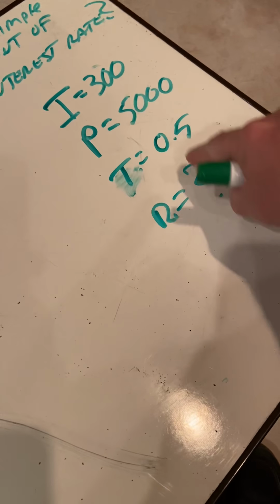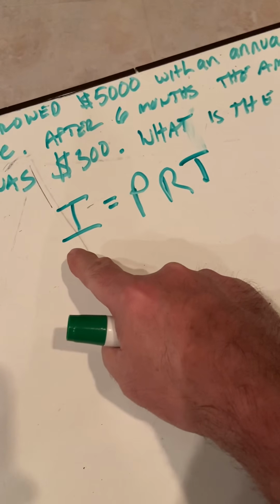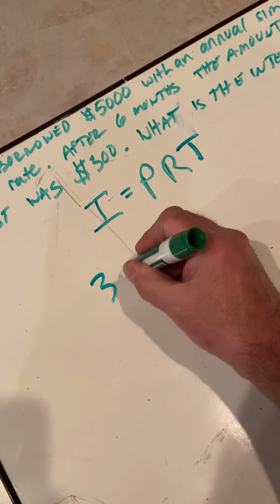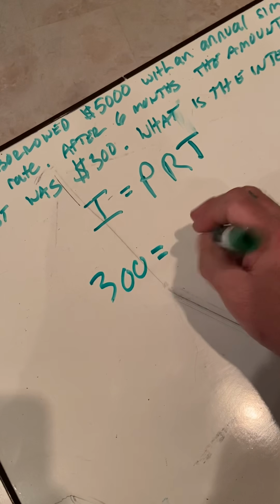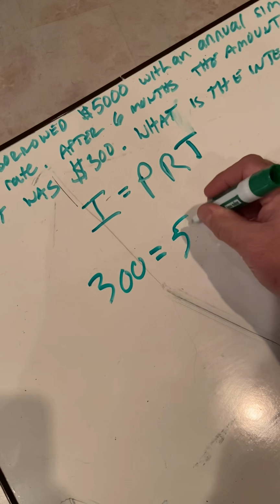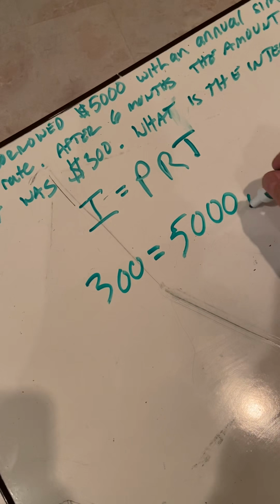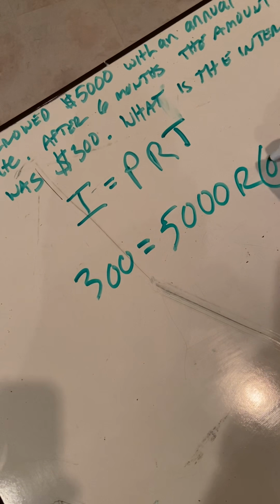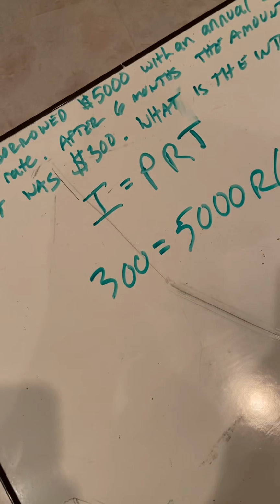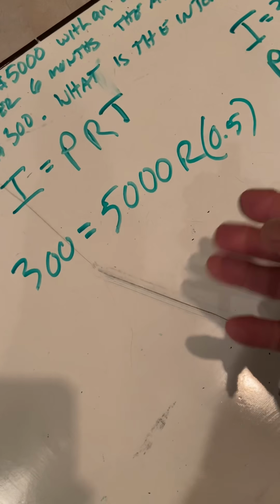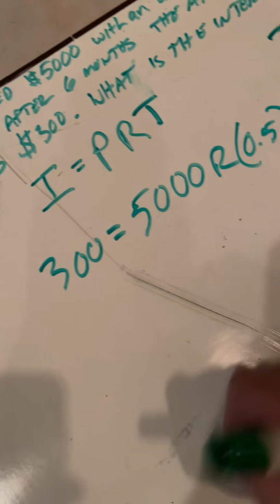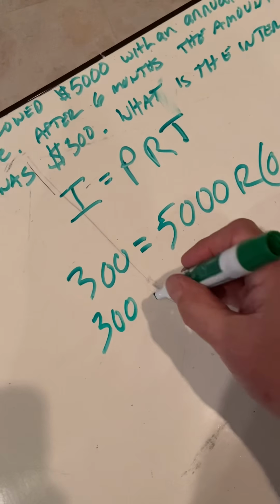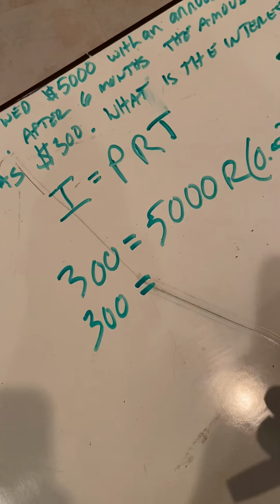Now we just plug these into the equation. So I is 300. P is 5,000. R we don't know. And T is 0.5. So now we just have a simple algebraic equation here. So 300, and as you know, I like to do all my steps nice and neat and in order.